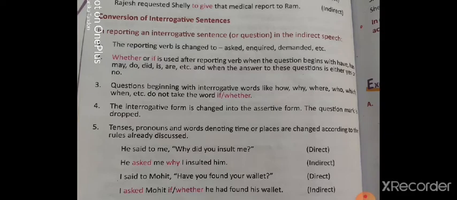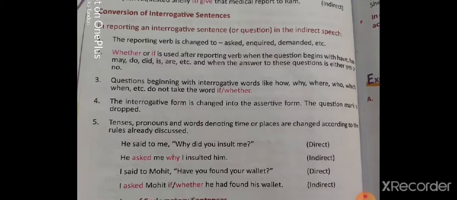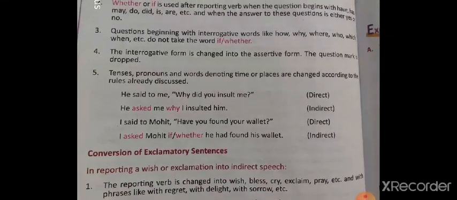So we write it in that way. Next is tenses, pronouns, and words denoting time or places are changed according to the rules already discussed. So these are the words that are changed. They will change the same way. Like tomorrow becomes the next day, yesterday becomes the previous day, night becomes like this.